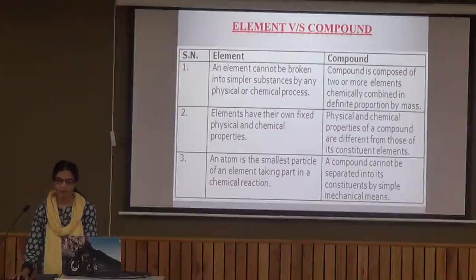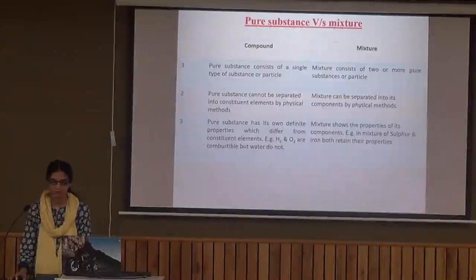Elements have their own fixed physical and chemical properties, but the physical and chemical properties of a compound are totally different from its constituent elements. Atom is the smallest particle of an element taking part in a chemical reaction. A compound cannot be separated into its constituents by simple physical methods.